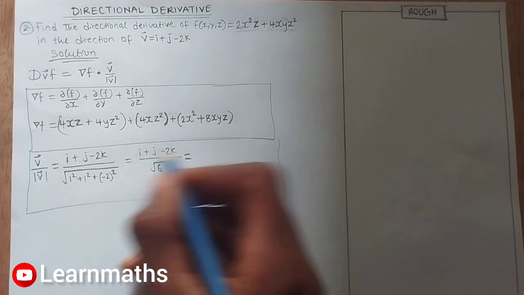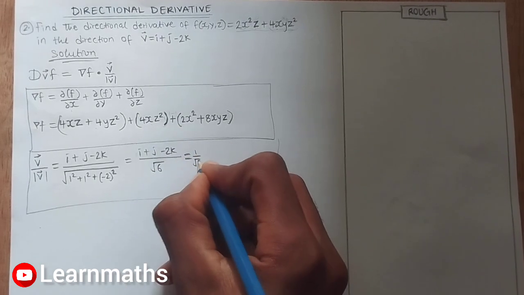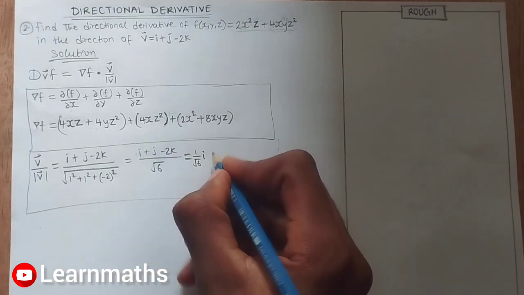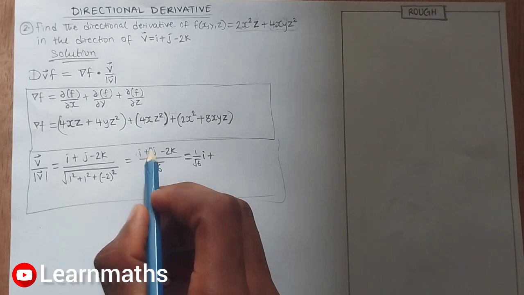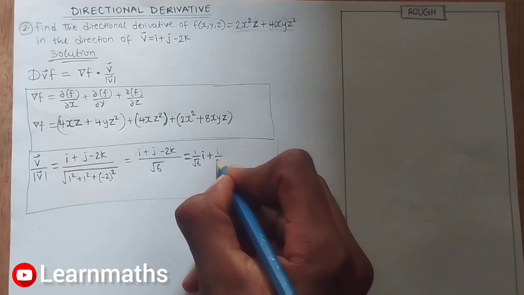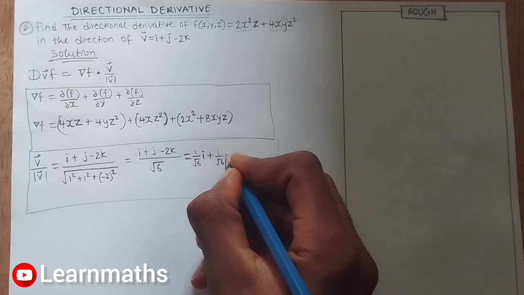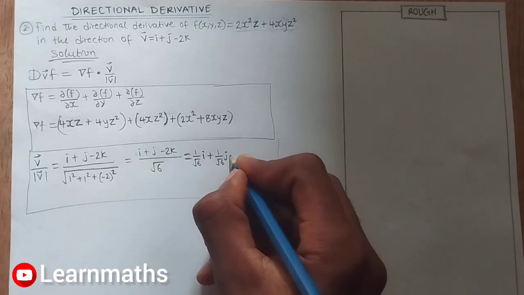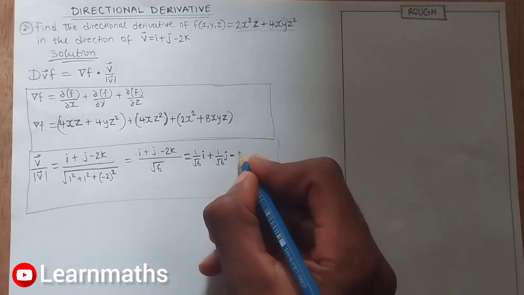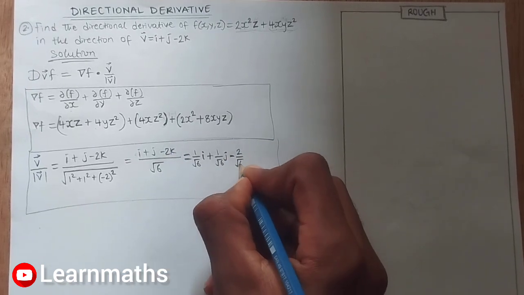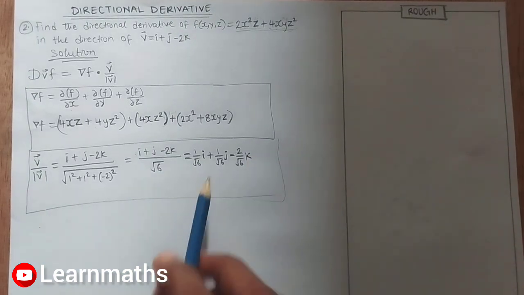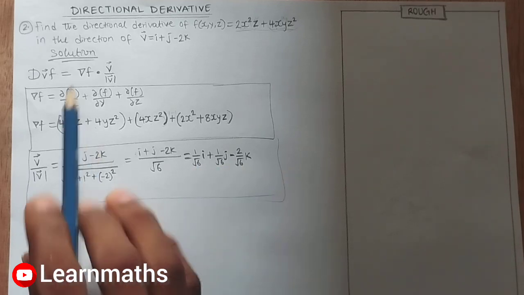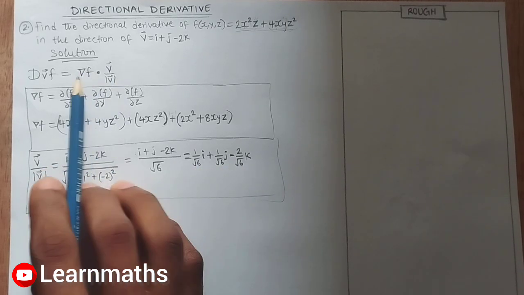So it's going to be 1 over square root of 6 i, plus 1 over square root of 6 j, then negative 2 over square root of 6 k. So this is what it looks like. I've gotten the two terms.